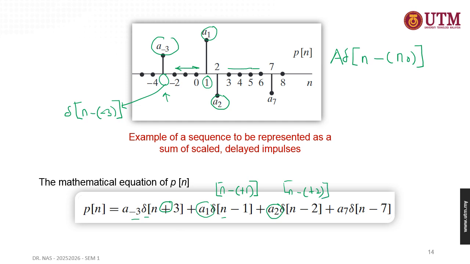The rest are zeros until n equal to 7. So the amplitude at n equal to 7, and minus positive 7, you get δ[n − 7]. Please take note that in the n domain you use square brackets. Do not use the curved brackets, because those are for continuous signals.